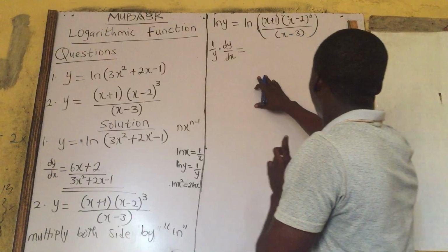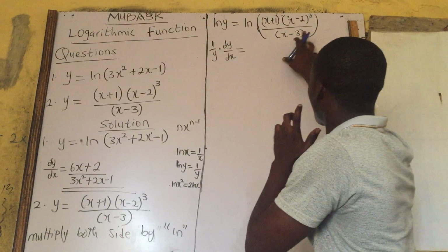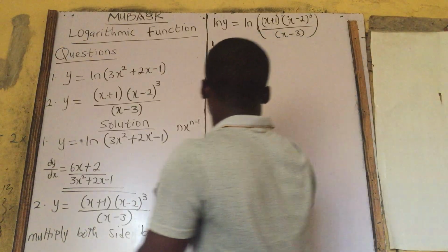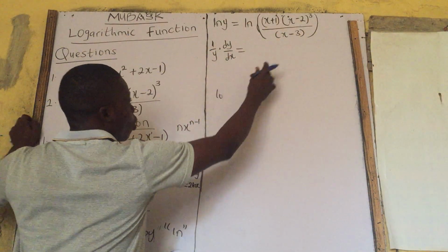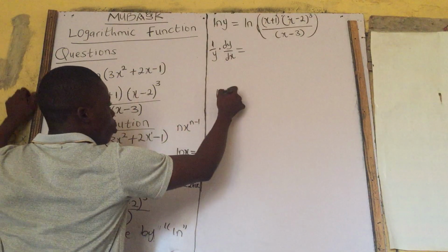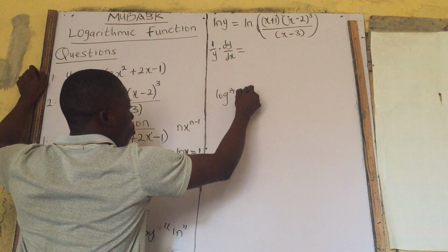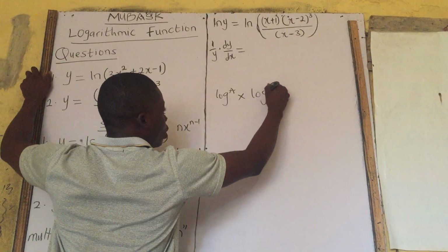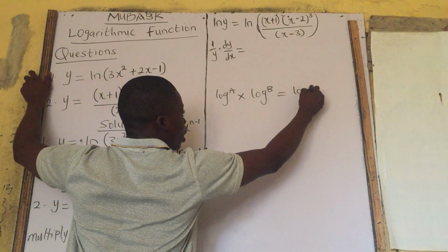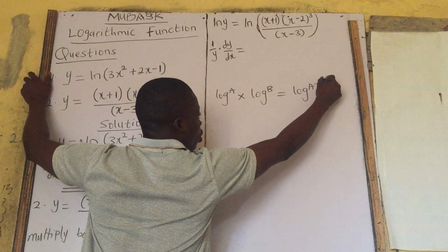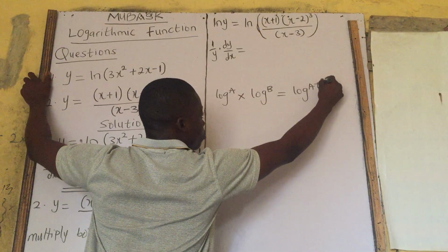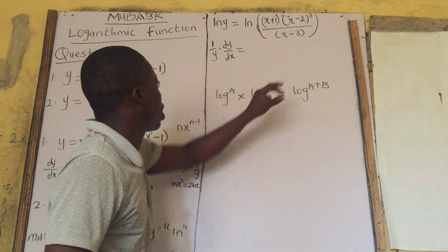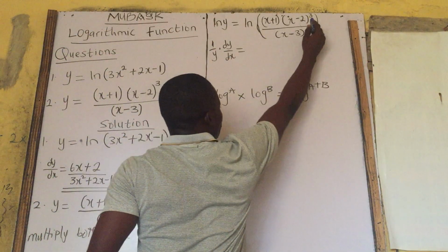Now, the next step, from the law of logarithm, because we have to separate this, log a multiplied by log b, it will be equal to log a plus log b. Then we have to apply this rule from natural logarithm to the numerator.